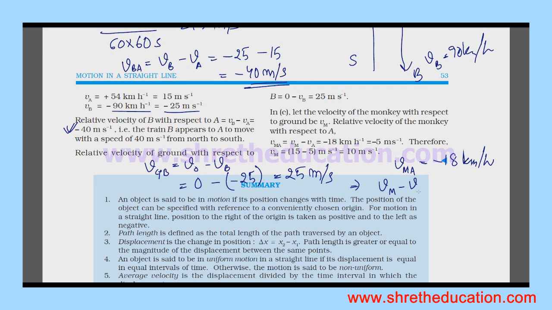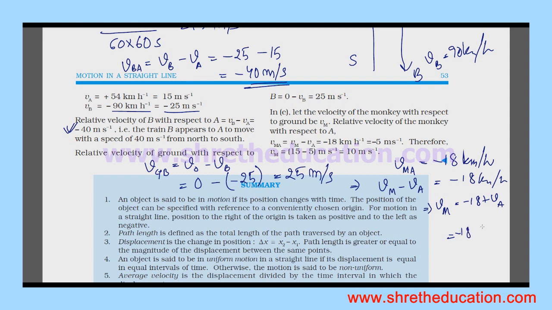VM minus VA equals minus 18 km per hour, so VM is minus 18 plus VA. What is VA?